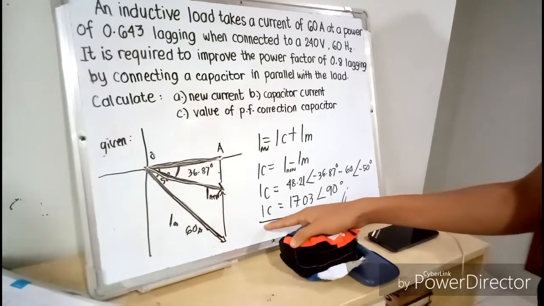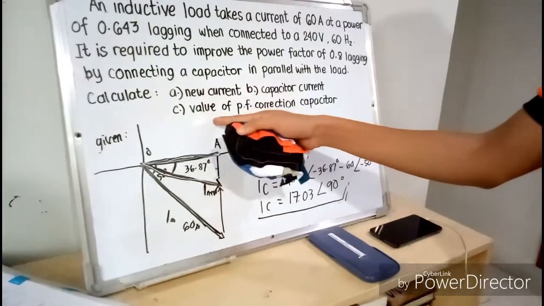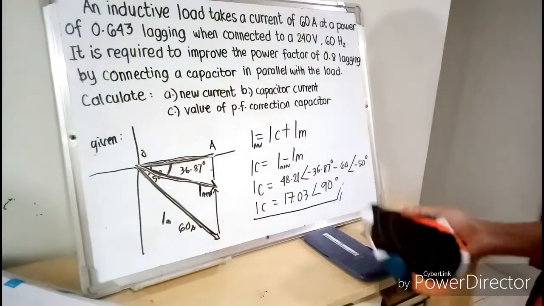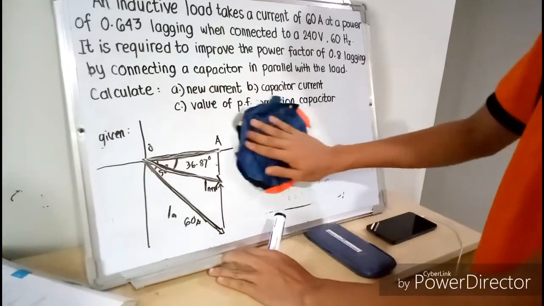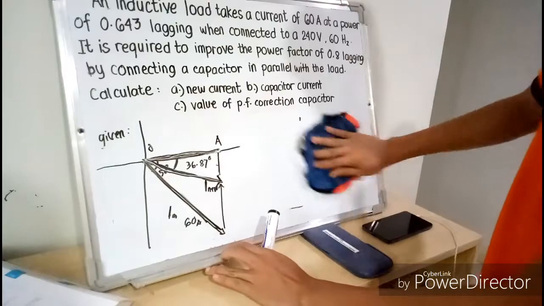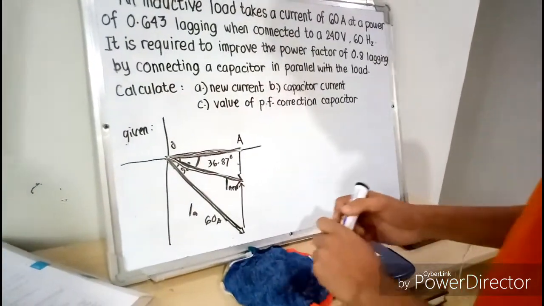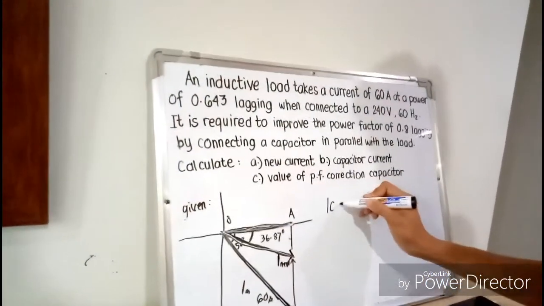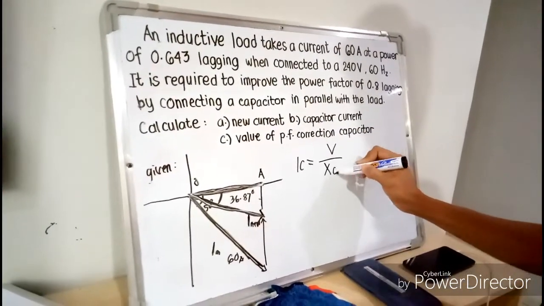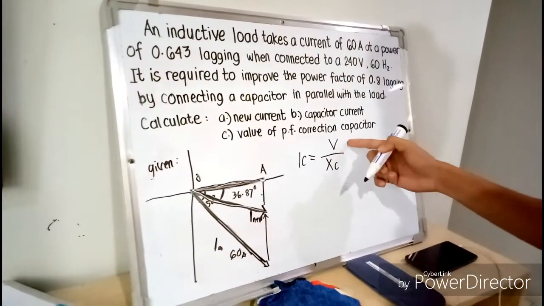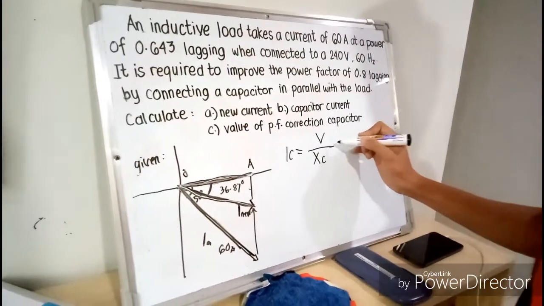Now, after we obtain that, we can solve for the value of the power factor correction capacitor. I_C is equal to the voltage over the reactance of the capacitor.